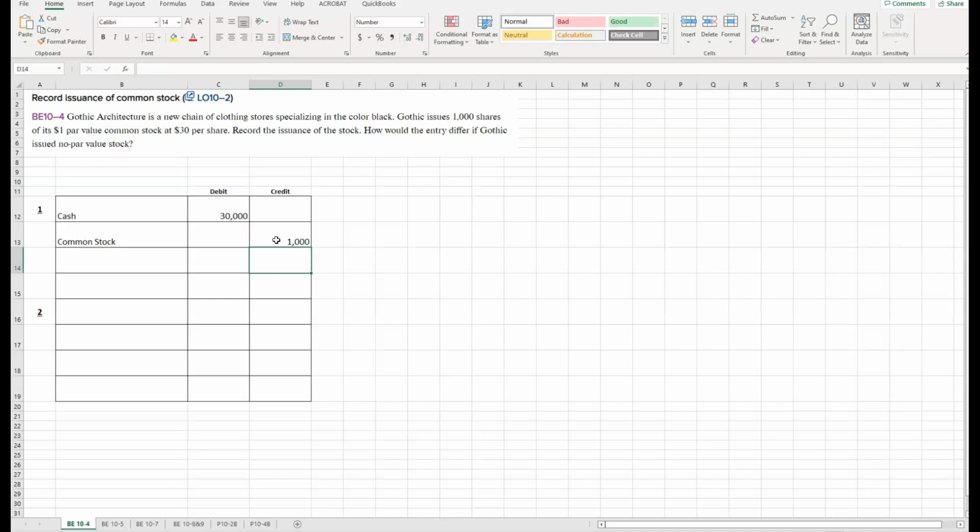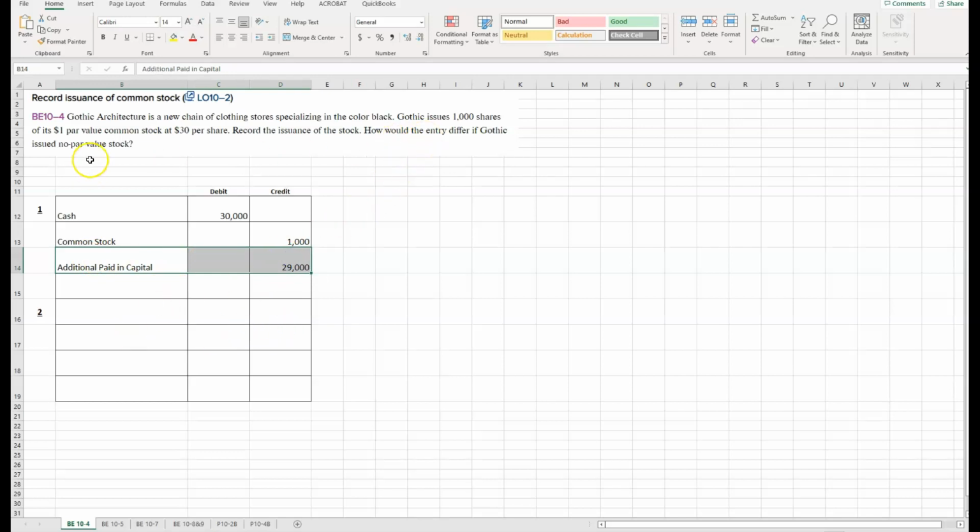The difference between these two, the 30,000 minus the 1,000, goes into another stockholders' equity account called additional paid-in capital. So we only record par value in the common stock account and in the preferred stock account. The additional amount they paid goes into an account called additional paid-in capital.